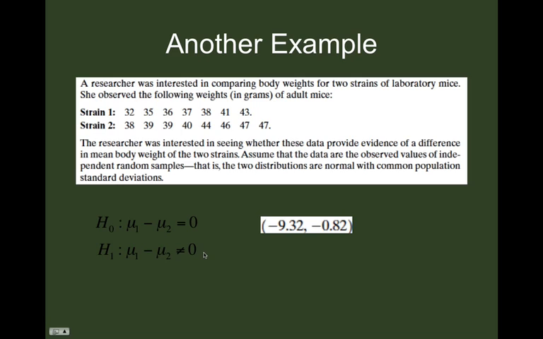Now again, we can talk about this in terms of a hypothesis test.